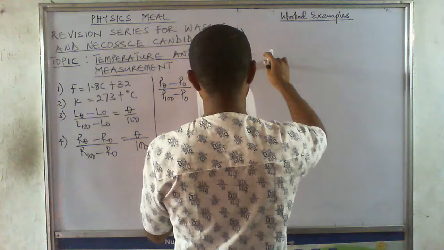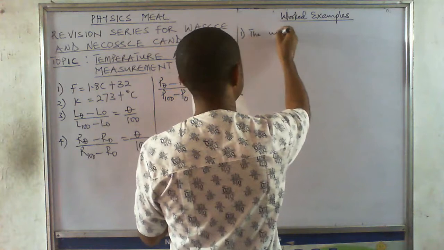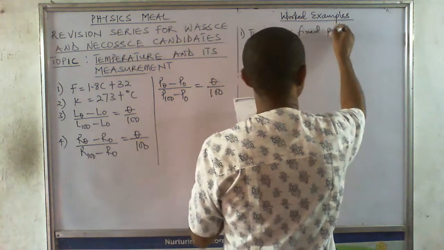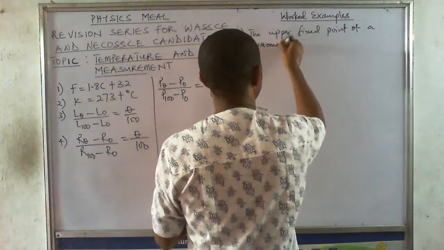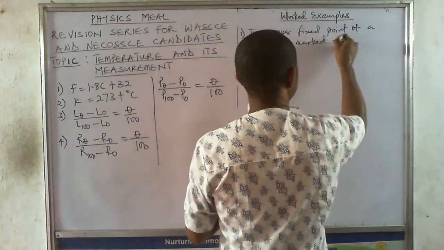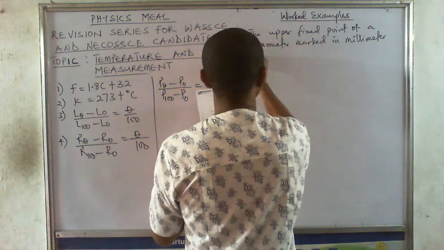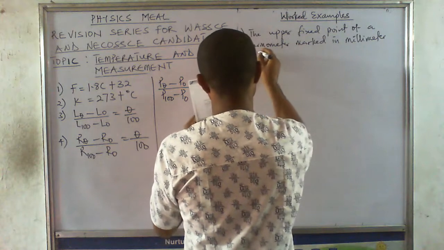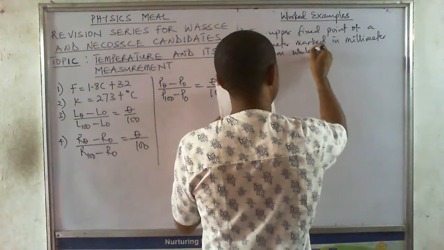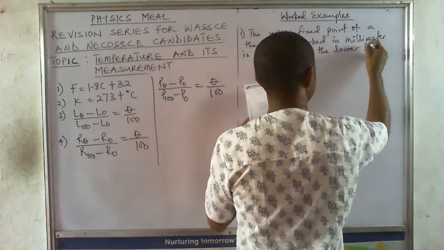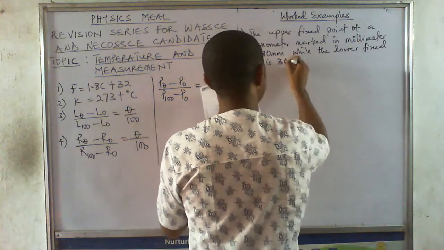You can say, the upper fixed point of a thermometer marked in millimeters is 180 millimeters, while the lower fixed point is 30 millimeters.